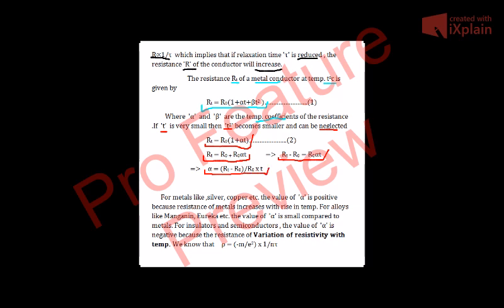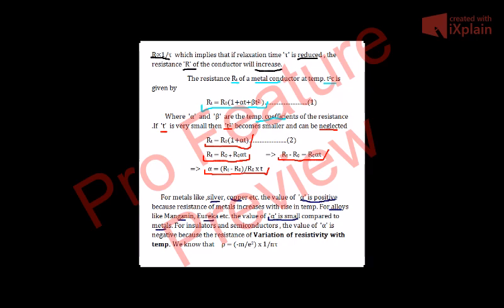Now see from this relation, for metals like silver, copper, etc., the value of alpha is positive because the resistance of metals increases with rise in temperature. If we increase the temperature, the resistance of metals increases. For alloys like manganin, eureka, etc., the value of alpha is positive but small compared to metals.